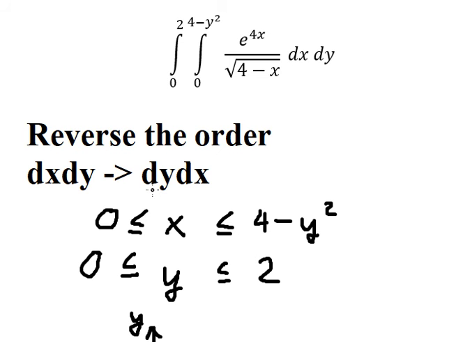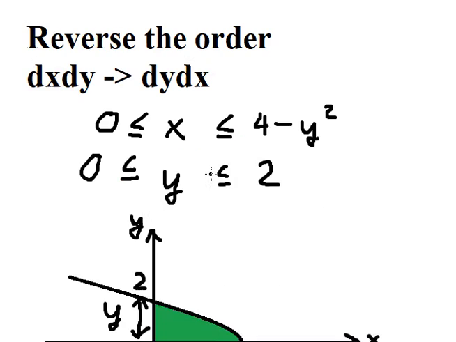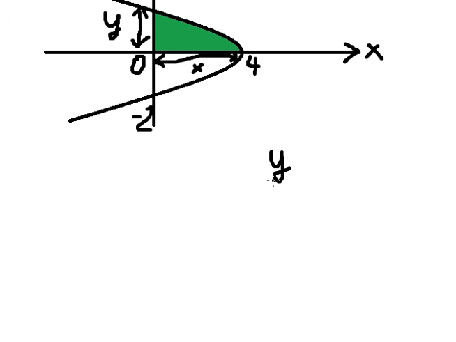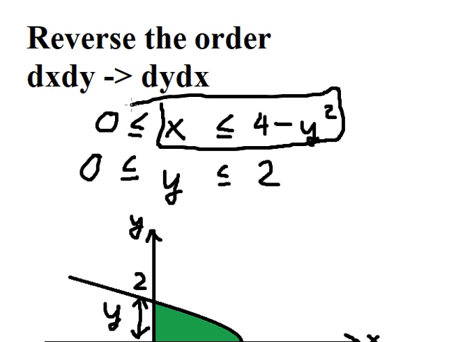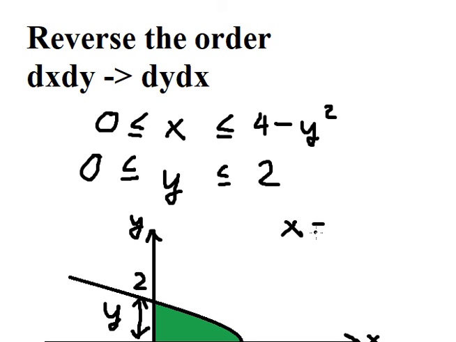Because we change the order, we need to find the new bounds of dy dx. About y, we have this one. So we have x equal to 4 minus y squared. So I will put negative y squared to the left, x will go to the right.